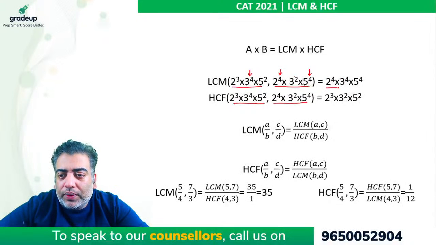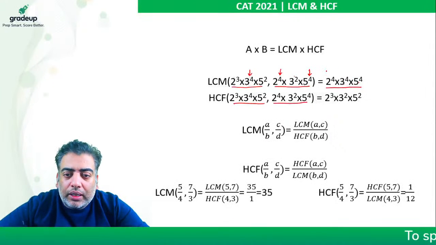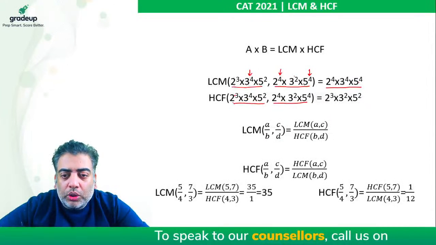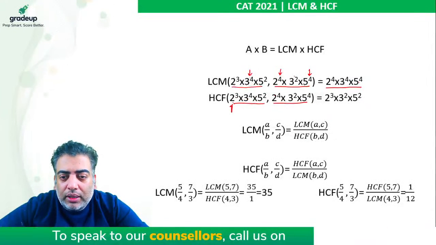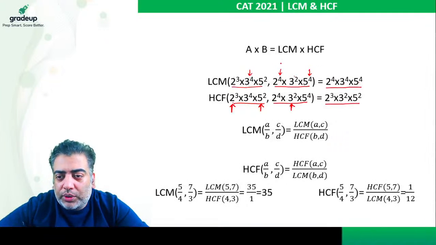So in LCM, we will get 2 raised to power 4 into 3 raised to power 4 into 5 raised to power 4. Likewise, when it comes to HCF, we need to take smaller powers. The power of 2 is smaller here, the power of 3 is smaller there, and the power of 5 is smaller here. It comes out to be 2 cube into 3 square into 5 square.